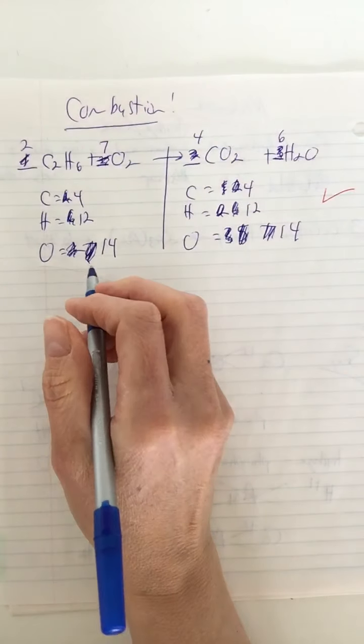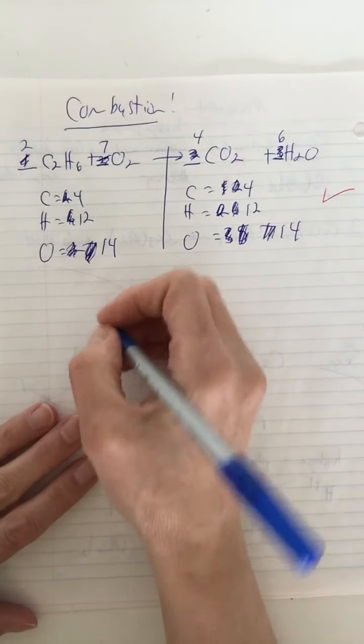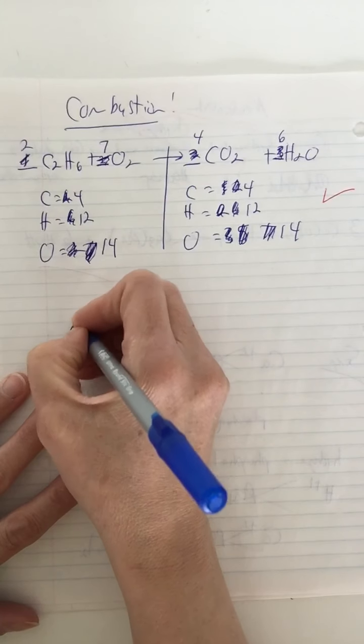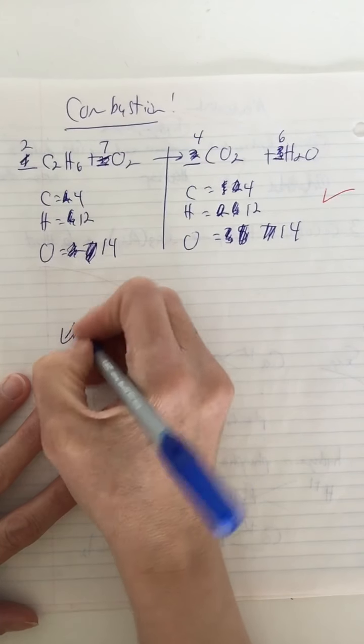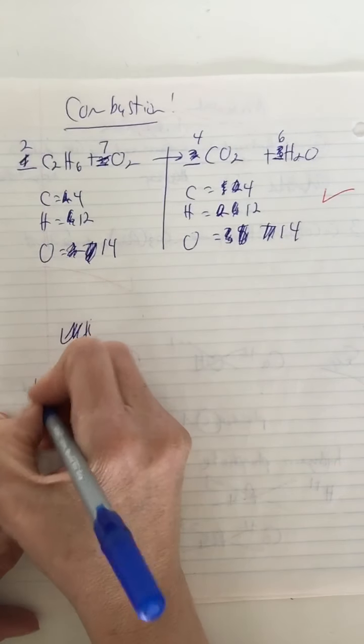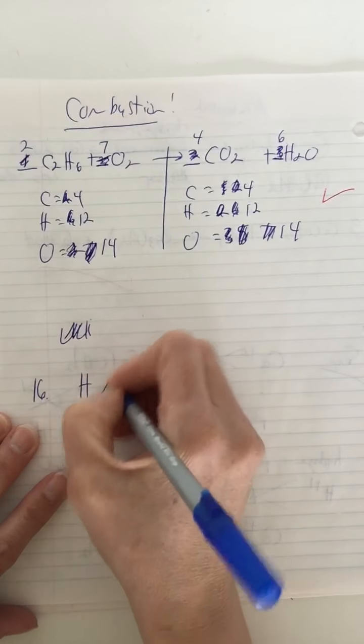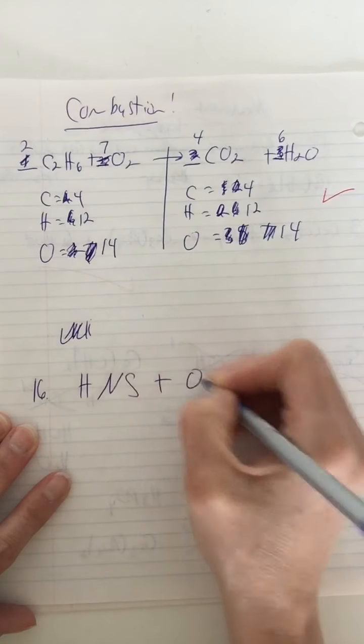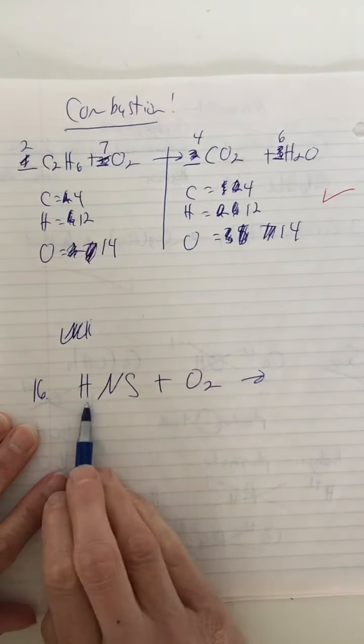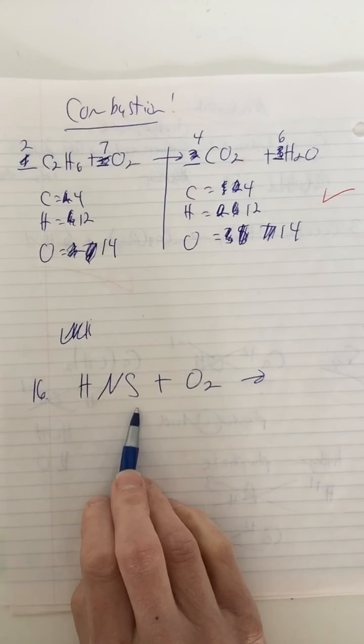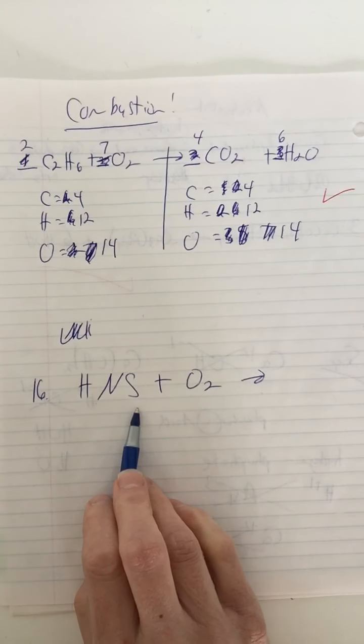And then I'll do one more combustion. I'll do number 16, HNS plus O2. Well, let's go back to our cheat sheet. If we have an H in there, we get H2O.